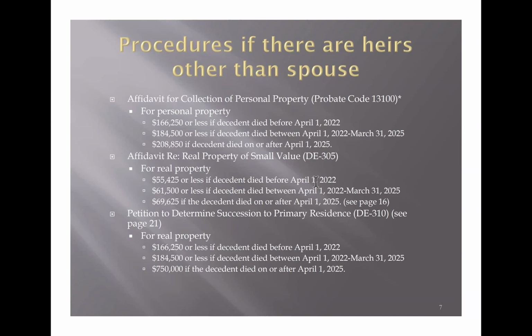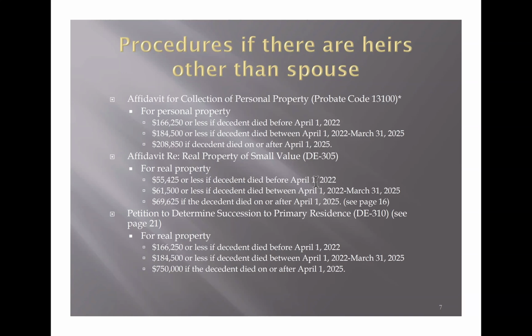And then the third procedure is petition to determine succession to primary residence. They've changed the law just recently to allow a residence to pass without any probate up to, if the person died after April 1, 2025, $750,000.